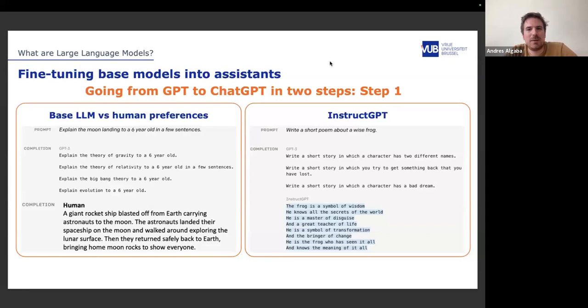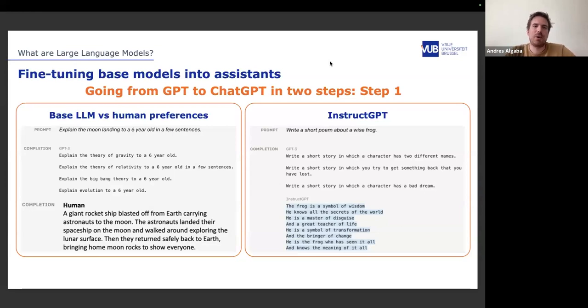And we do this in 2 steps. The first one is called, or was called, InstructGPT. This is kind of like fine-tuning a base model into an assistant. Now, what happens here? Well, if I give a prompt, on the left-hand side you see, for example, "explain the moon landing to a 6-year-old in a few sentences."